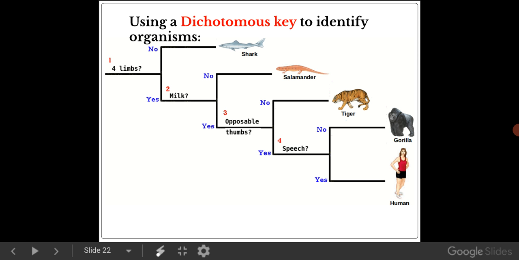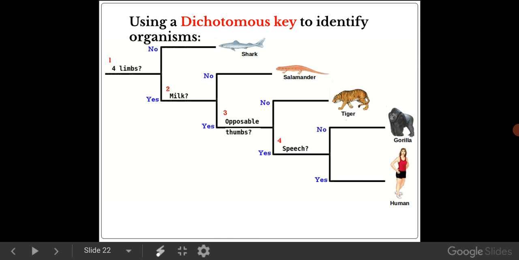But if we said yes, then we'd go to number 2, which asks another question. It says milk, which I think means does it produce milk for its young? And once again, if we said no to that question, then we'd go and find that our creature was a salamander.